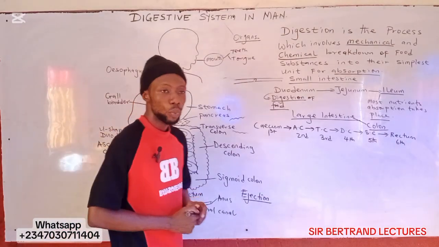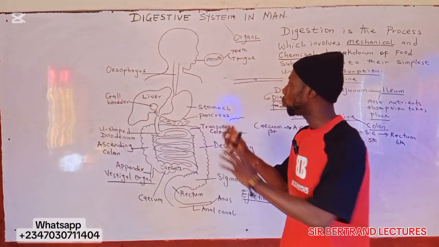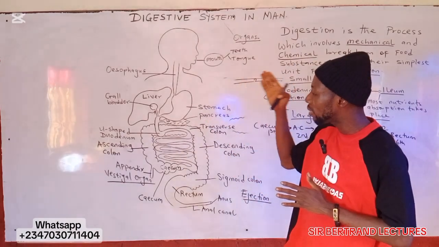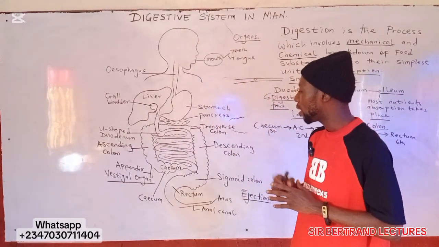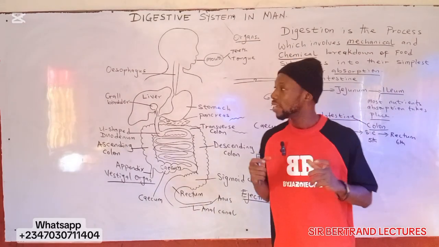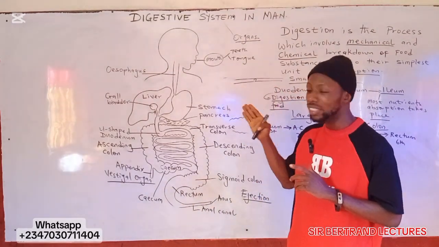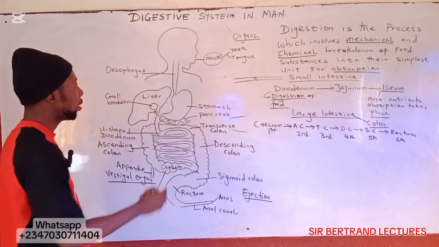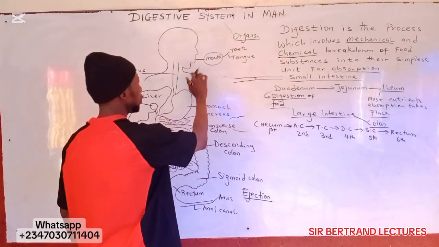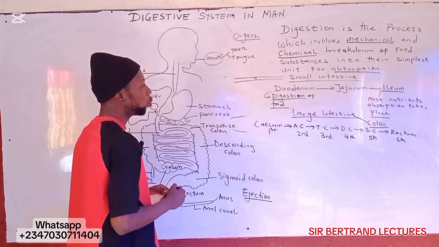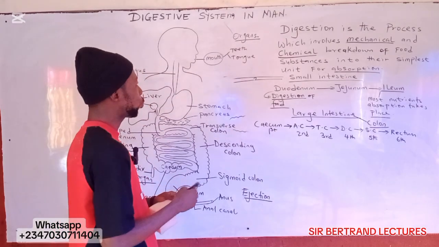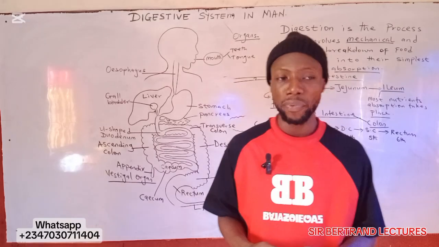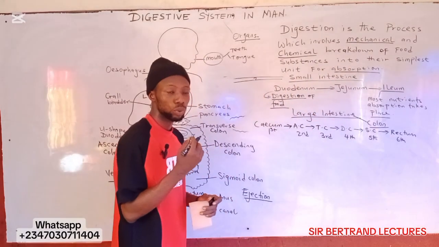Now we're going to look at how food digestion occurs at different organs of the body, that is, the role each of these organs plays during digestion. In the mouth, the food is broken down with teeth through the process known as mastication, which we popularly refer to as chewing of food.